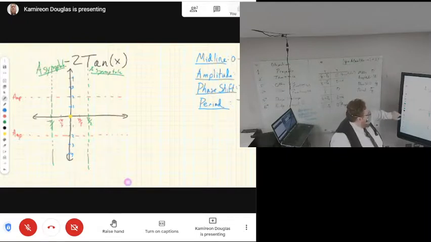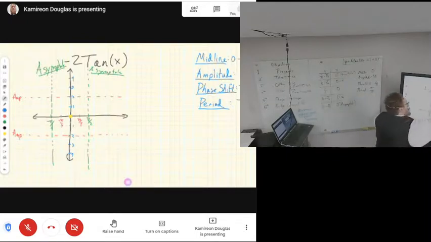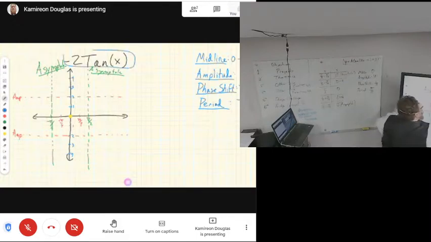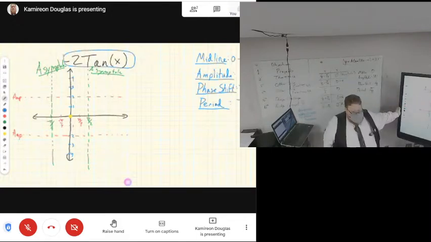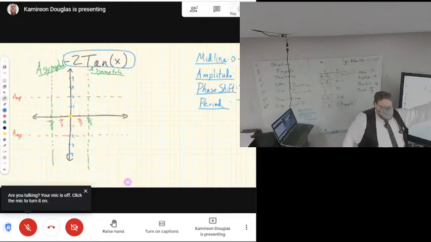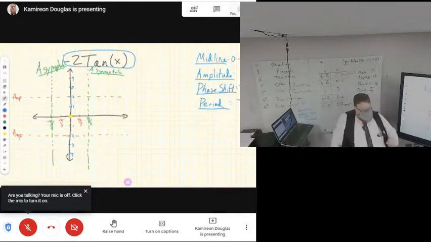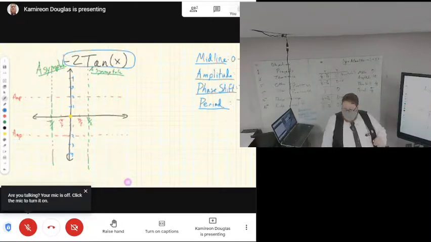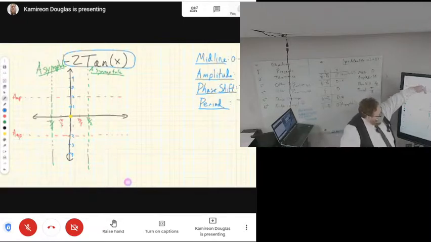Now, because this is a negative 2, as a reminder, negative 2 always flips it upside down. So normally tangent starts low, hits the middle, goes high. Because it is negative, those are the opposite. It'll start high, hit the middle, go down low.